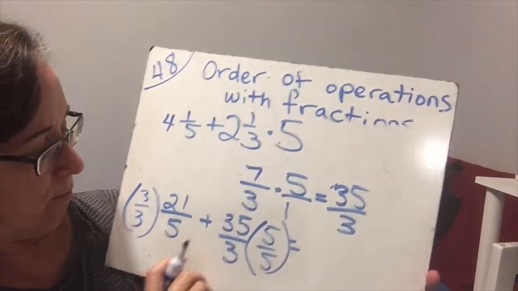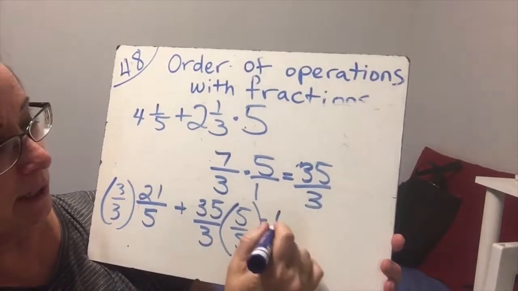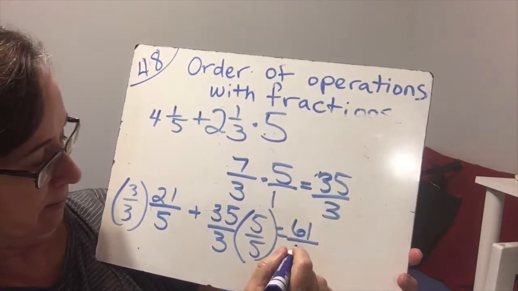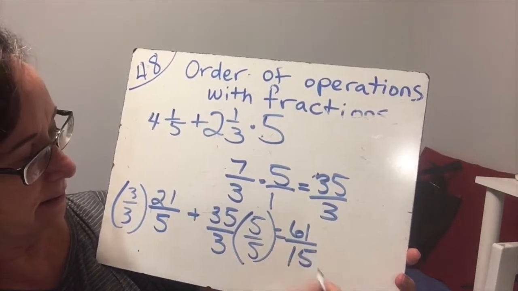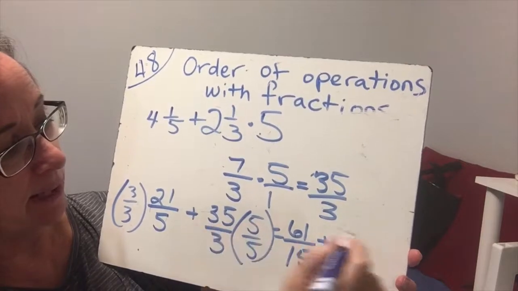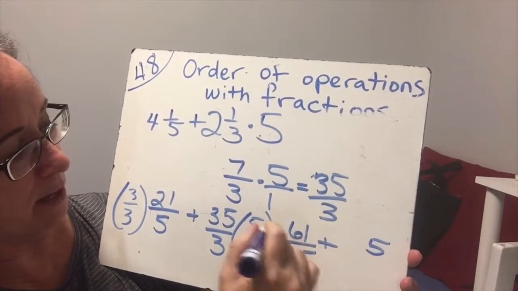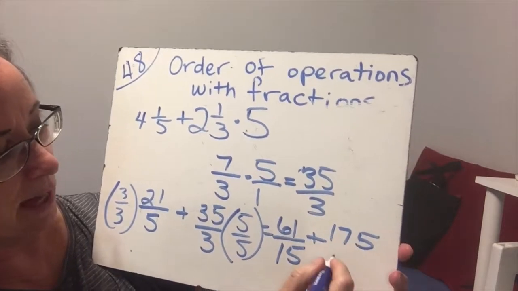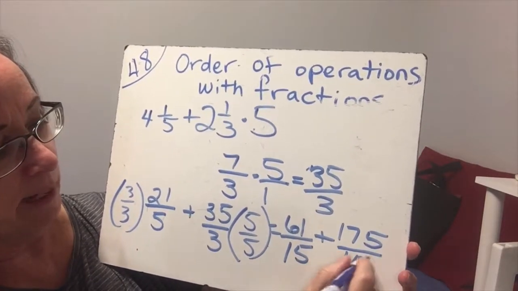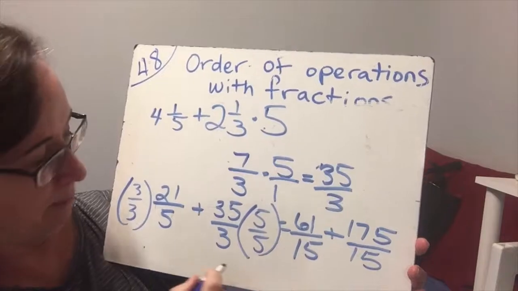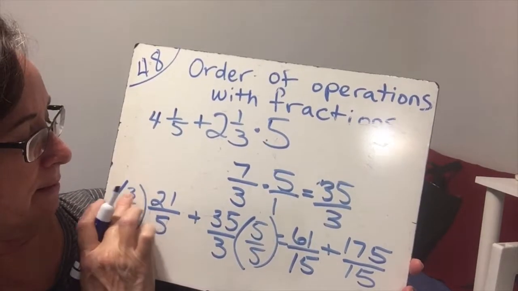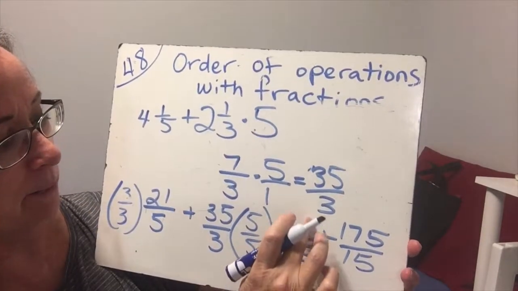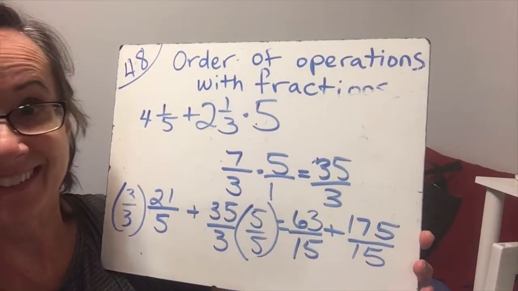So now what we get is 63/15 plus 175 over 15. When I add them together, I'm going to, oops, I missed, that's 63, my bad. There we go, 63.